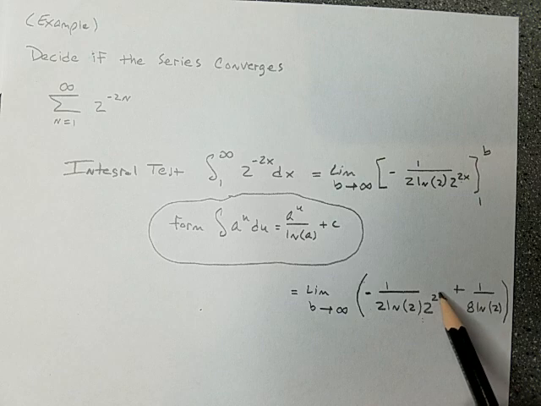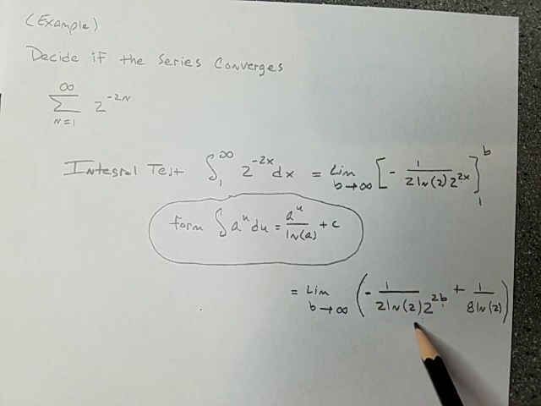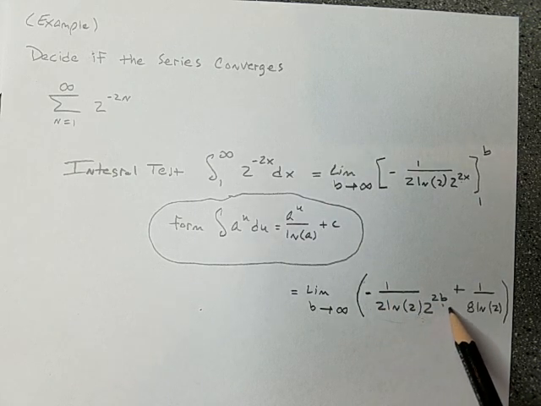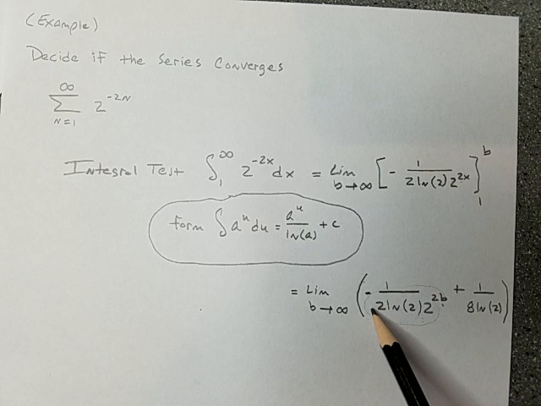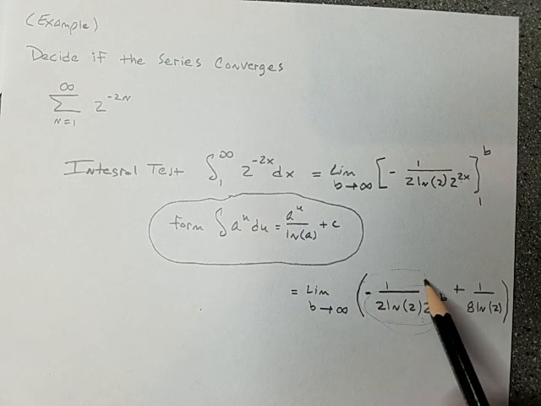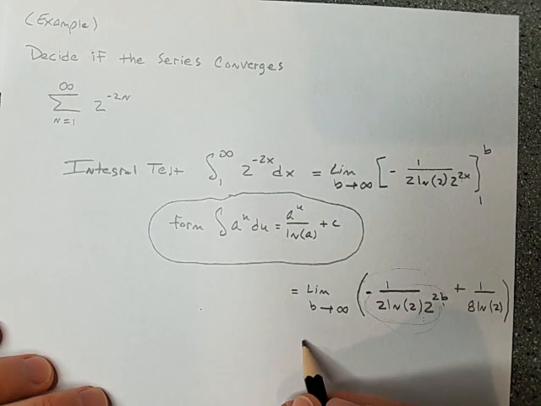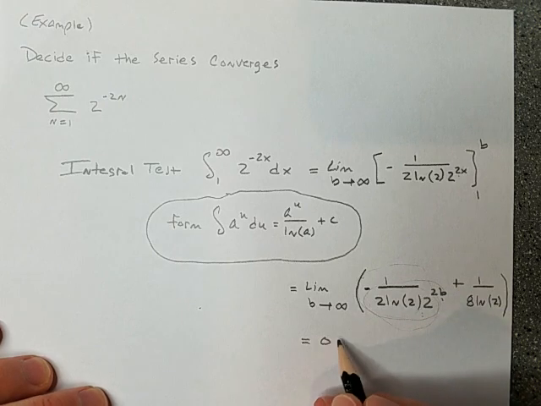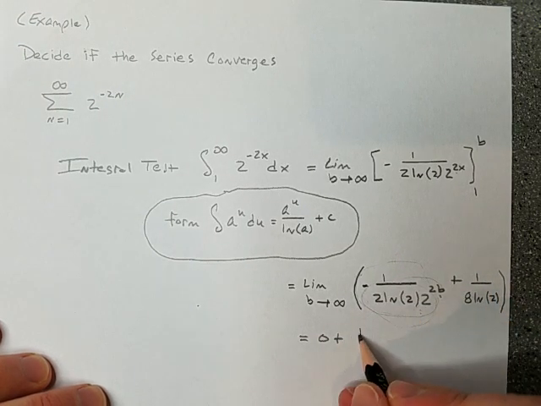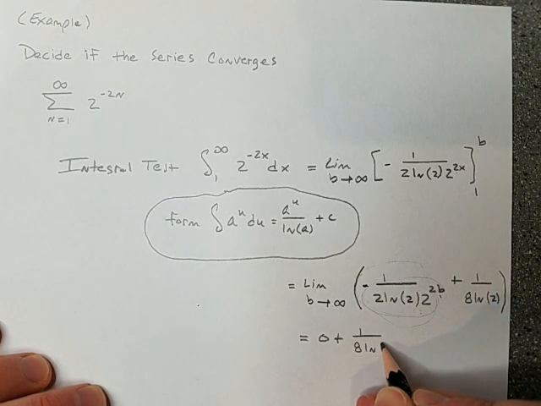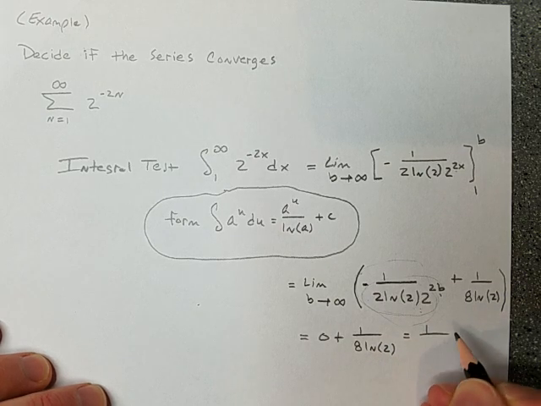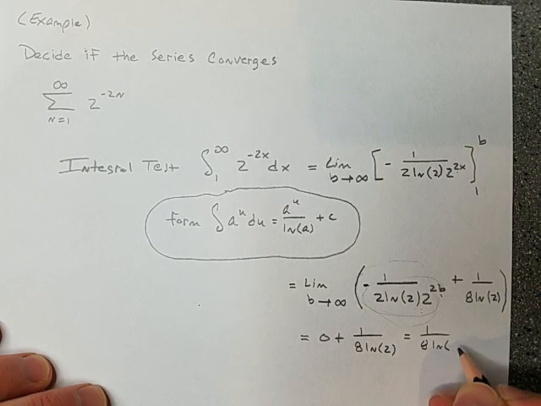This entire denominator here is going to go to infinity. And 1 over that will go to 0. Because the larger the number you divide by, which is what's going to happen down there, the smaller and closer to 0 your answer is. So here's my result. It's 0 plus 1 over 8 natural log of 2, or just 1 over 8 natural log of 2.